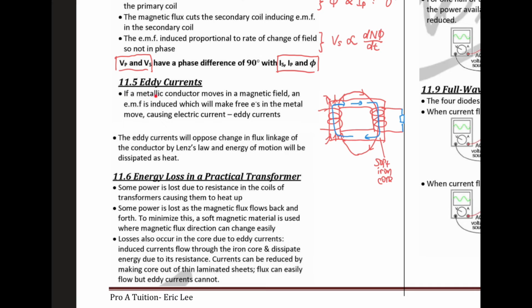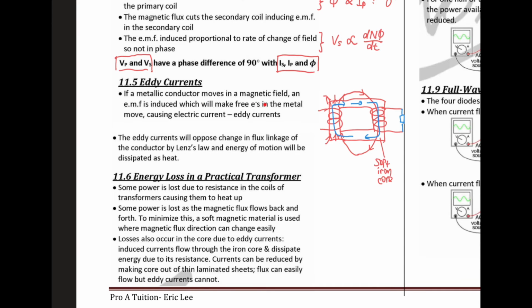If a metallic conductor moves in a magnetic field, EMF is induced, which will make free electrons in the metal move, causing electric current. So they are trying to tell you something basic. You have a magnetic field, you have a conductor, a metal, then you make the metal cut the magnetic field, then they will induce EMF.